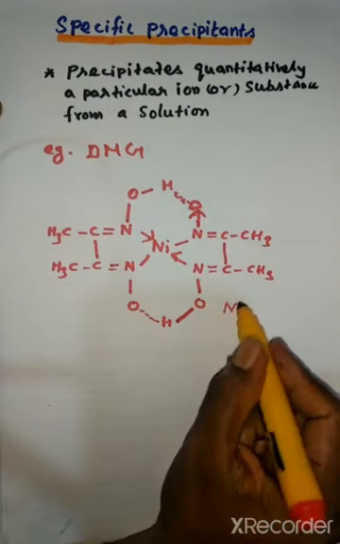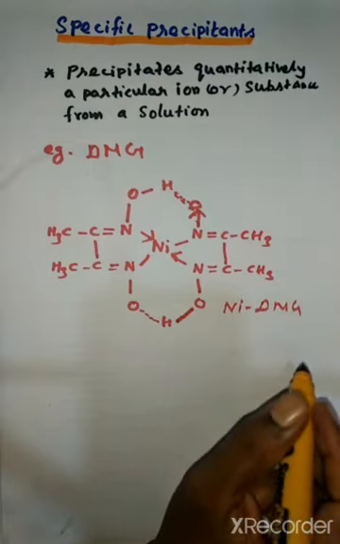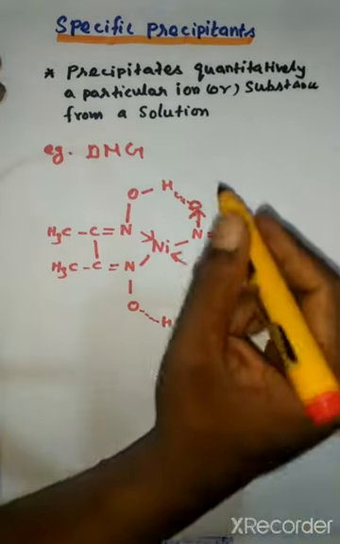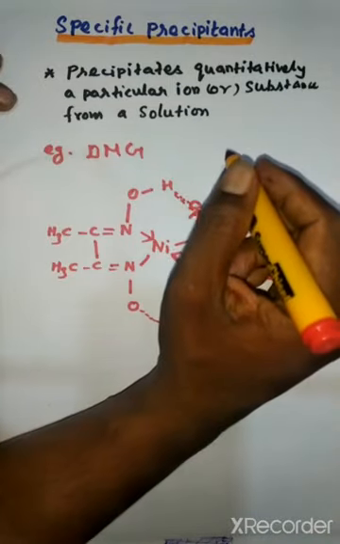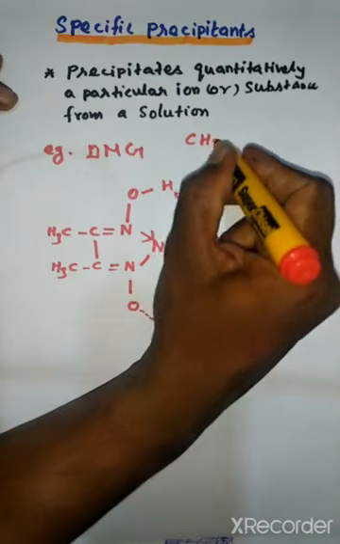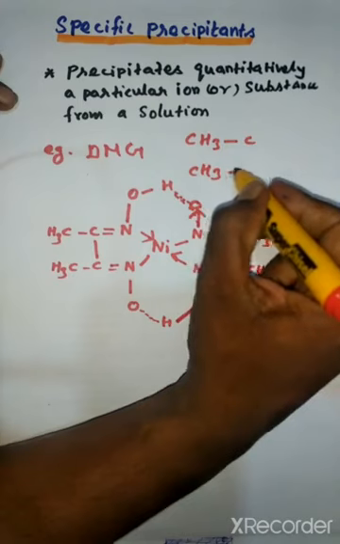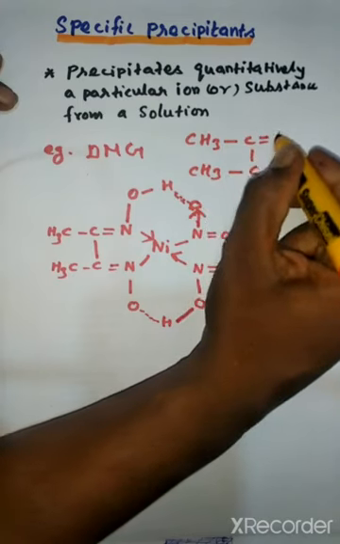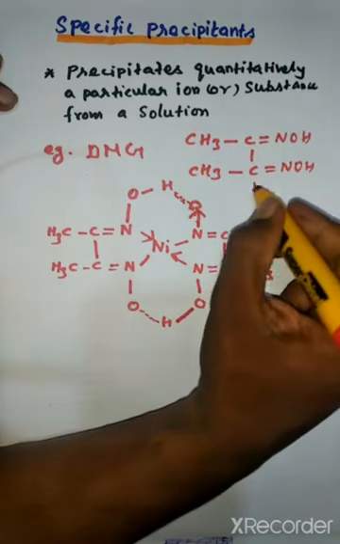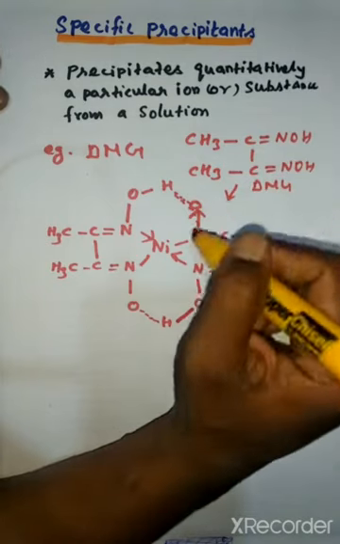And the structure of DMG, dimethyl glyoxime, has two CH3 groups, with C=NOH groups.